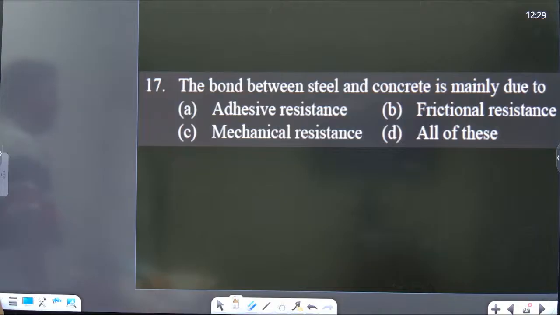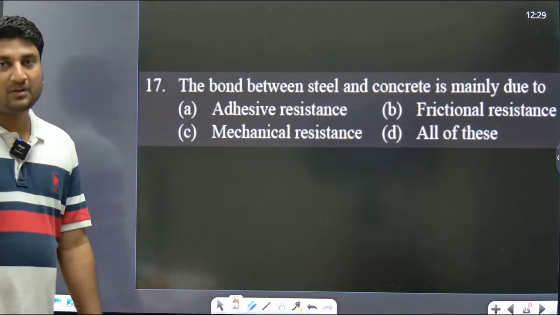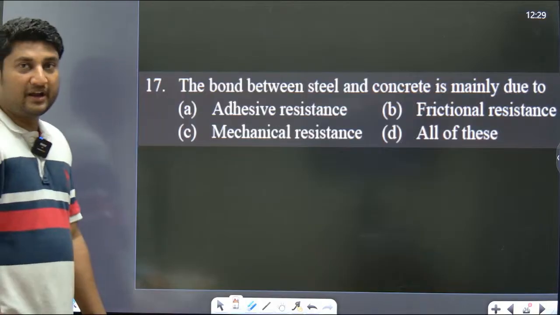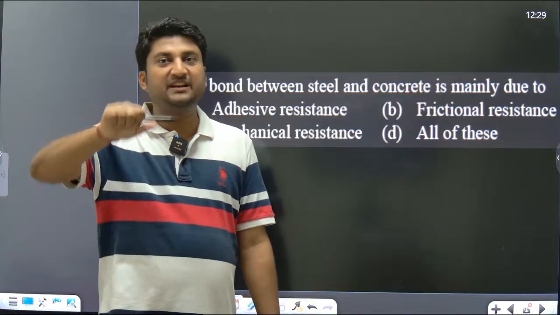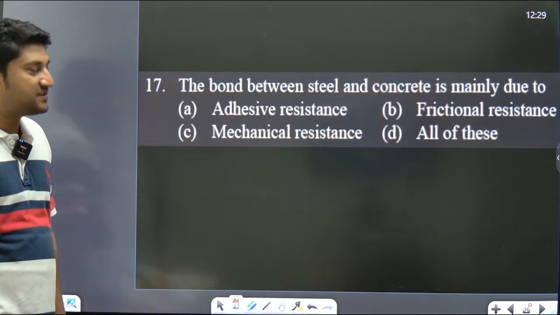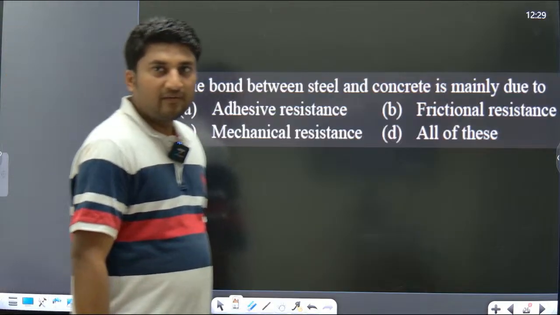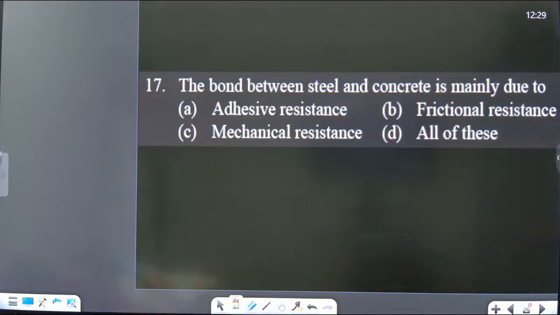The bond between steel and concrete is mainly due to what? So there is a bond that the concrete will hold the steel reinforcement. Why? It is due to adhesive resistance, frictional resistance, mechanical resistance, or all of the above. This is a simple question. By logic you can apply the answer.